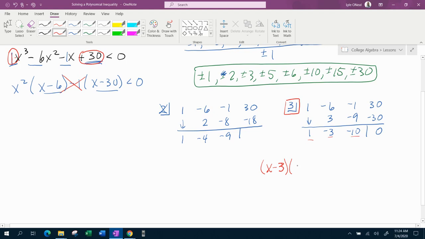So that means the other factor is going to be x squared minus 3x minus 10, less than 0.